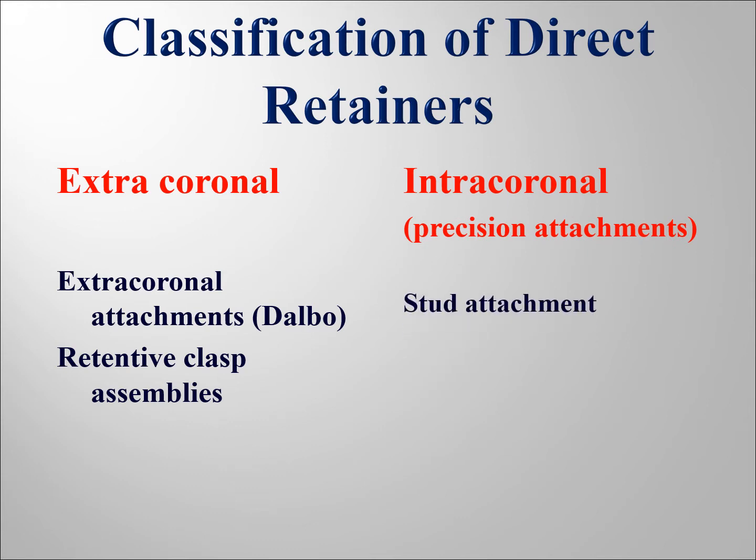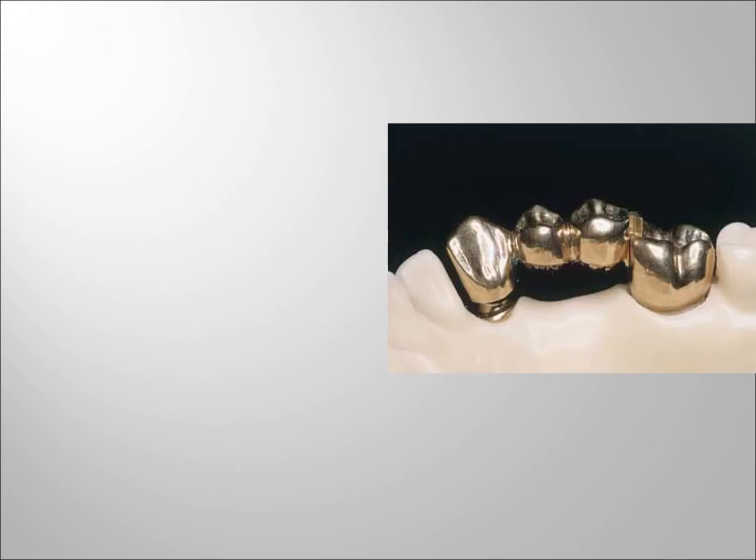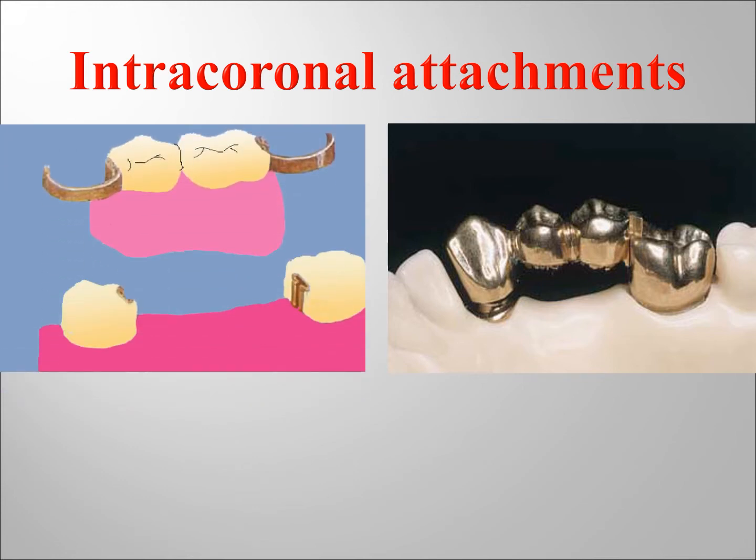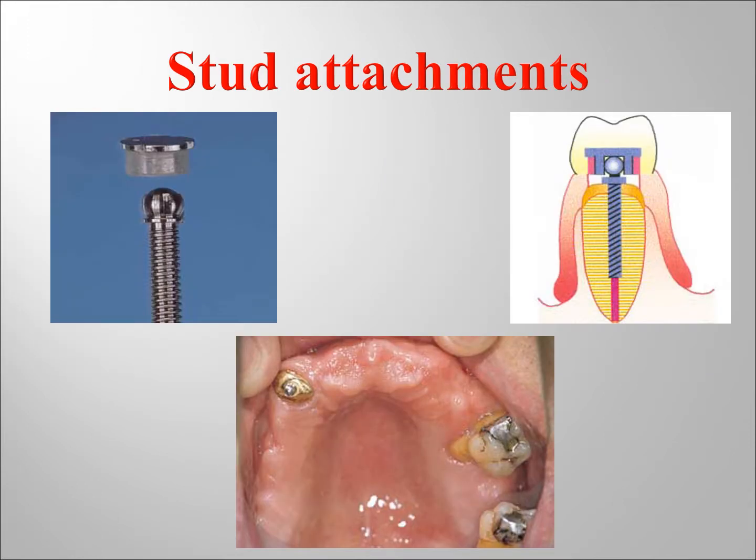They can be stud, they can be bar, and these are examples of intracoronal attachments where the attachment itself is within the contours of the teeth. The preparation to receive the attachment is within the preparation of the teeth.